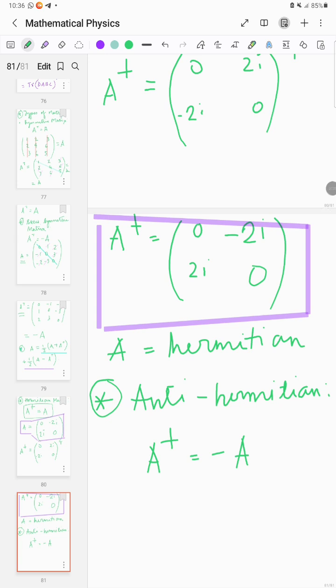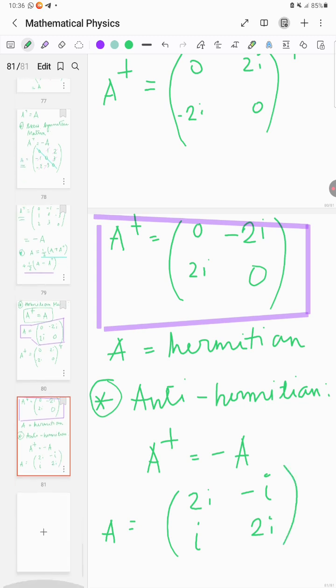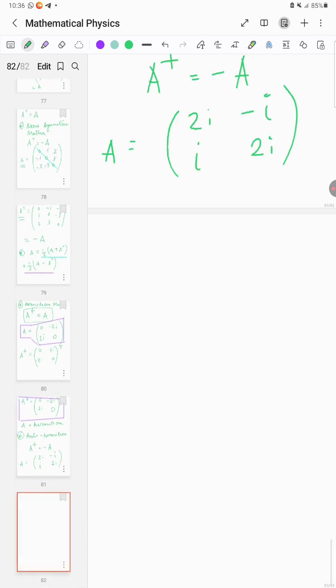Consider the following matrix where A is equal to [2i, -i; i, 2i]. So what will be A dagger? A dagger will be the transpose of its complex conjugate, and what will be the complex conjugate?